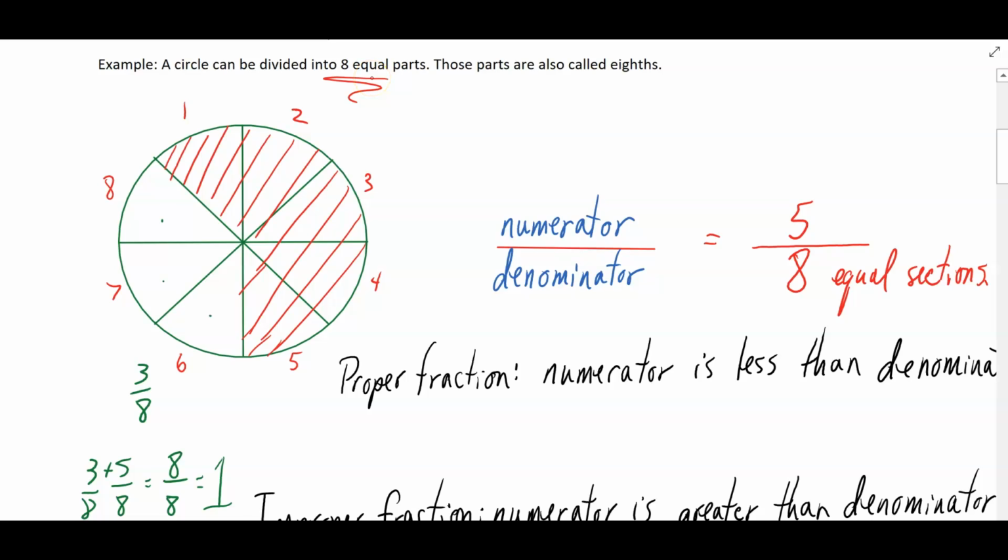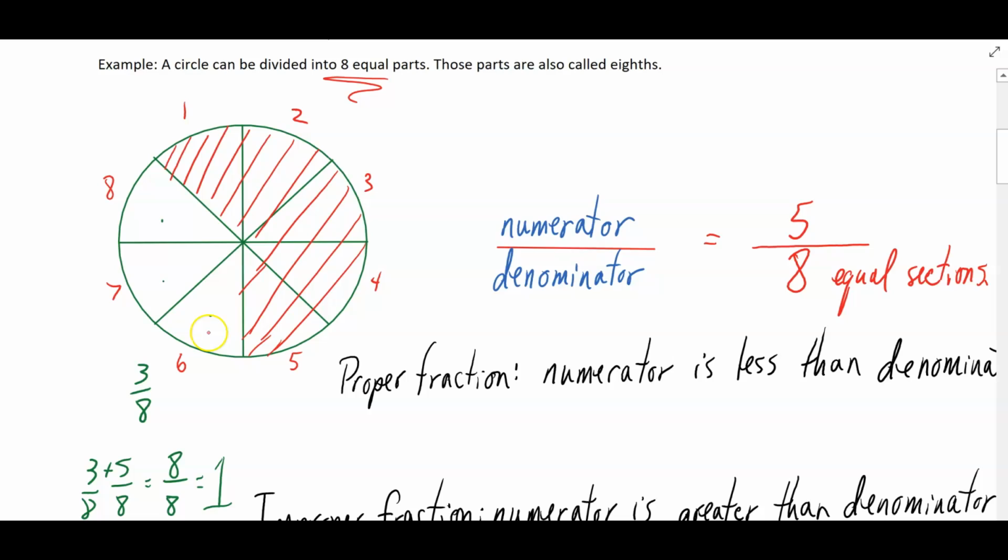What is shown with this diagram, the shaded area, are 5 of those. So that's the numerator, the number of shaded areas in our whole. And the denominator represents the total number of equal sections in the whole.